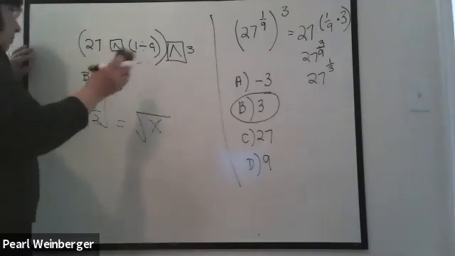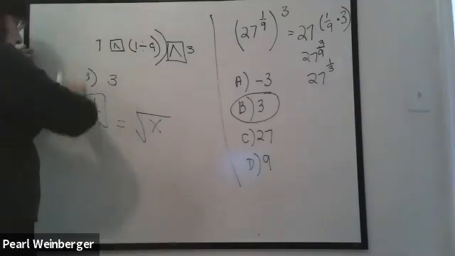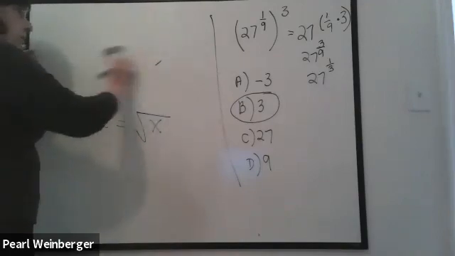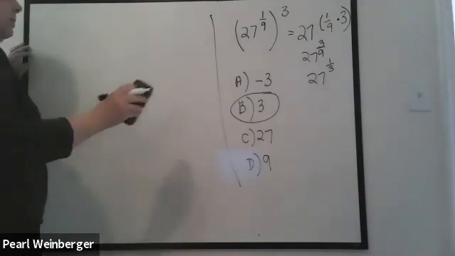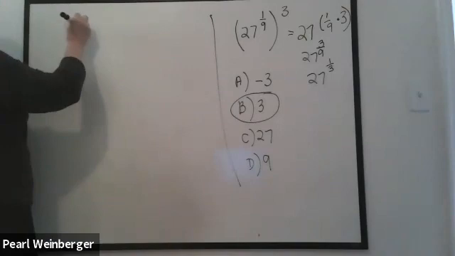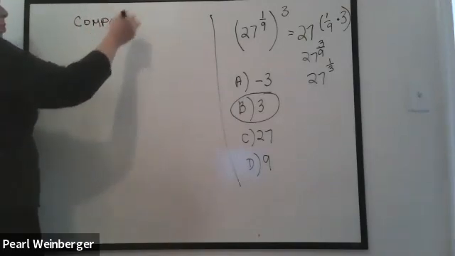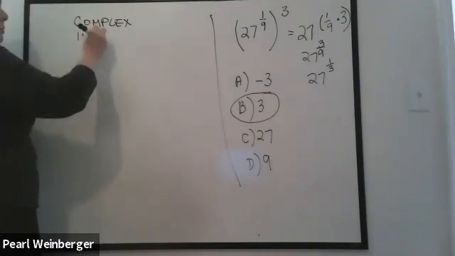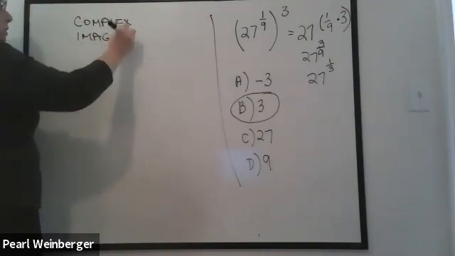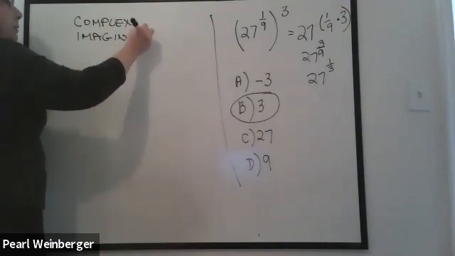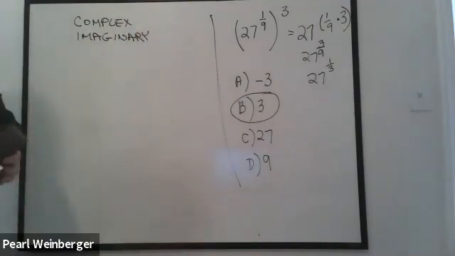Okay, let's go on to the last topic that we're going to see in this chapter. And that's something called complex or imaginary numbers. I know if I use the word imaginary numbers, you're saying, oh, this is something she made up.